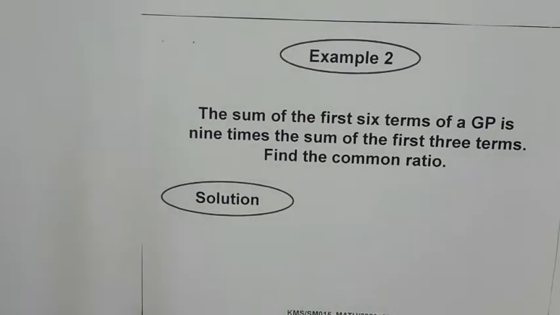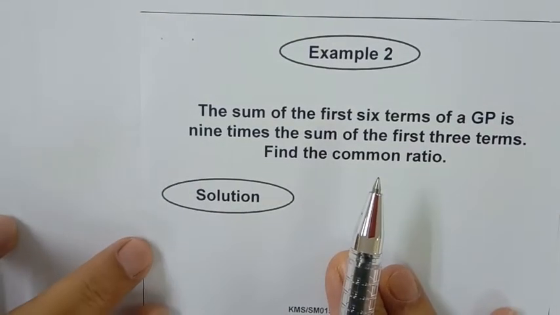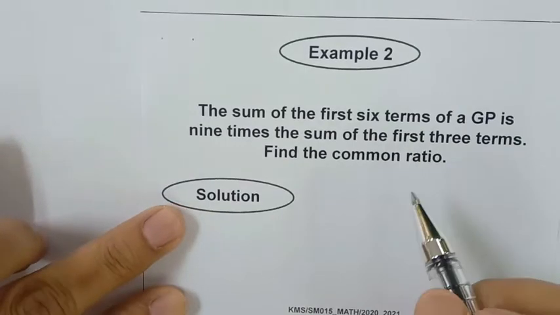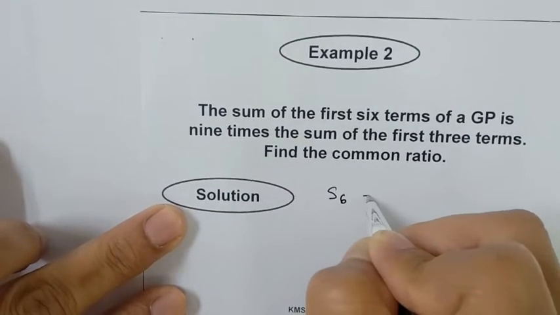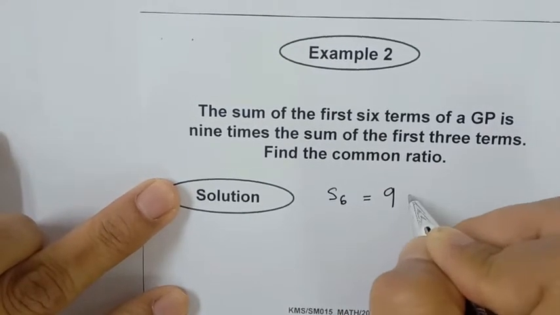Find the common ratio. We discuss the solution for example 2. The question gives the sum of the first six terms, S6, equal to 9 times the sum of the first 3 terms.